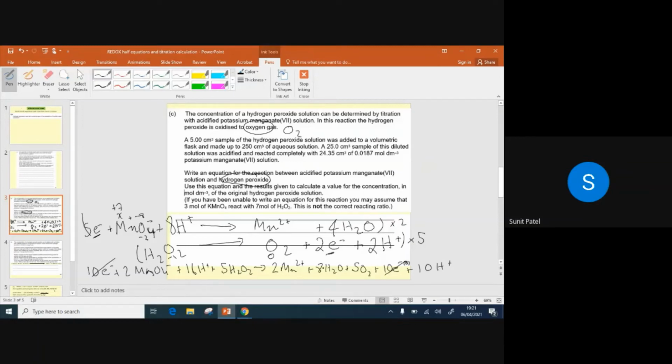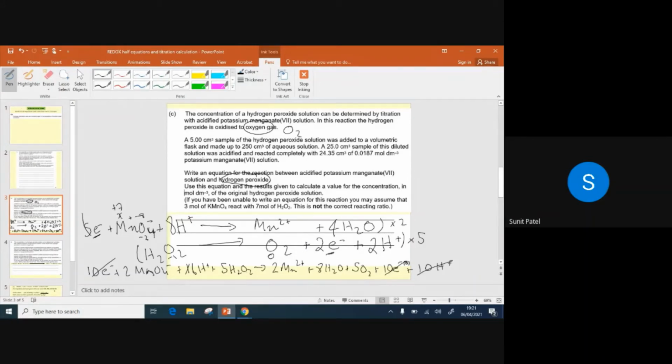And I can do something with these H pluses actually. Let's get rid of some of these. So 10 of these will cancel 10 of these, so I'm left with 6 on this side. Much easier to handle. So I've got 5 times 2 is 10, add 6 is 16 on this side. 8 times 2 is 16. There you go, that's balanced.